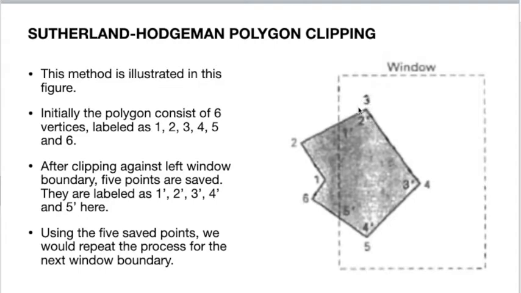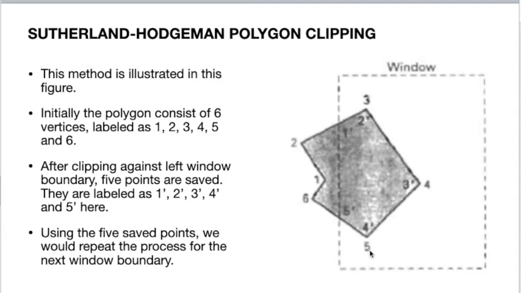Then you take vertices 3 and 4, both are inside, so you save 4 as 3 dash, because 3 is already saved as 2 dash. Then you take vertices 4 and 5, again both are in, so you save vertex 5 as 4 dash. Then you take vertices 5 and 6.